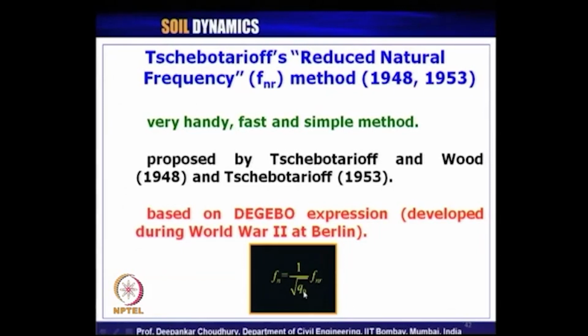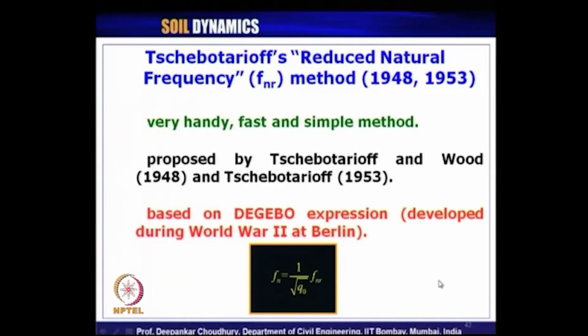Q naught is called the average vertical contact pressure between the base of the foundation and soil, and this FNR is called reduced natural frequency. That is what I have mentioned here, FNR. FNR is known as reduced natural frequency as was proposed by Shobeteriev.